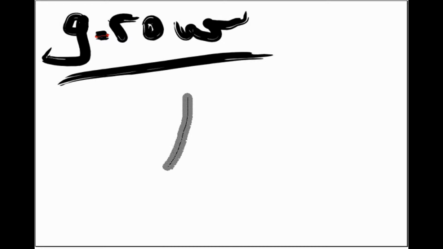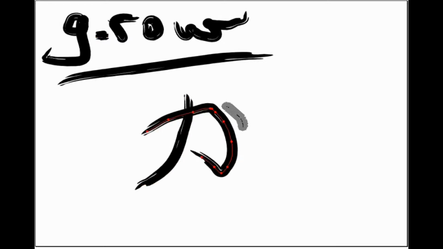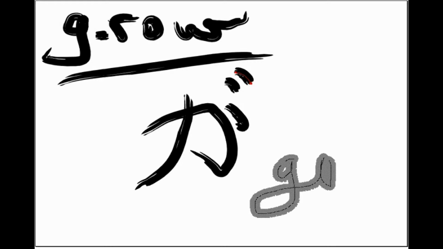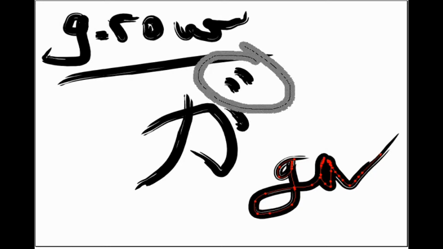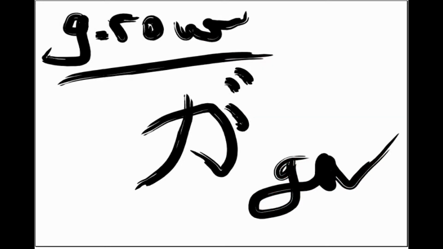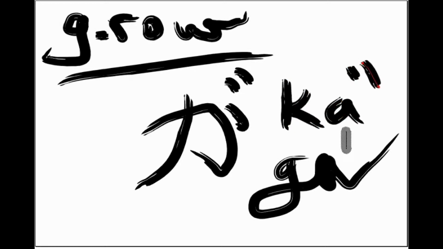I'm going to start in the correct order. And, well, that looks familiar, doesn't it? But this is ga. It's not ka, but it's ga because of those dakuten right there. It's basically ka with dakuten, which will turn it into ga.